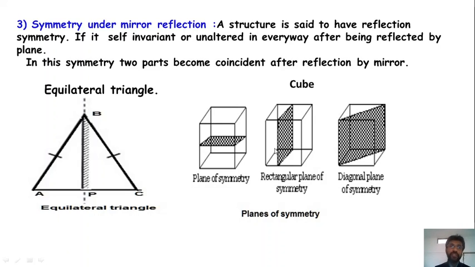Now if the position of the mirror is vertical, that means if we hold the mirror vertically inside this cube, again you can see the half part of the cube gets reflected inside the mirror, and both are identical.